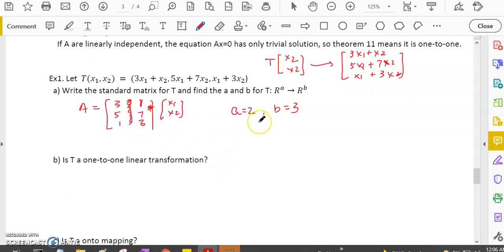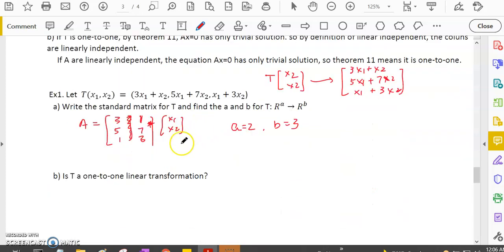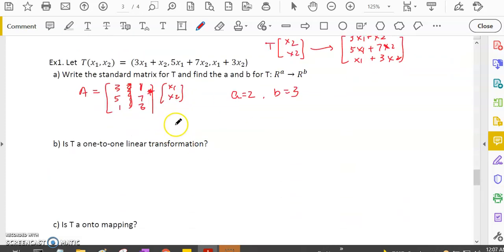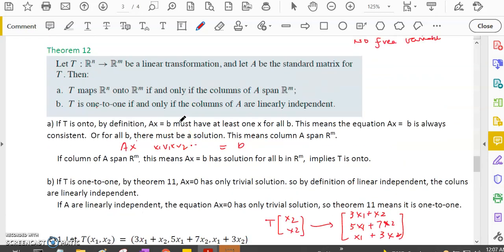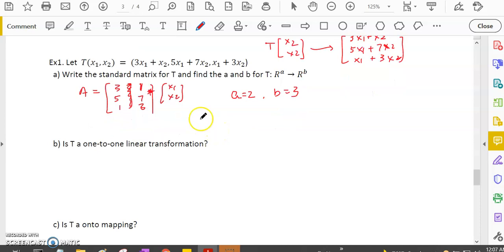Is this a particular transformation, 1-to-1 linear transformation? 1-to-1, according to theorem 12, means if it's 1-to-1, then the columns are independent, right? Are they linearly independent? We have only 2 columns, and they are not multiples of each other.